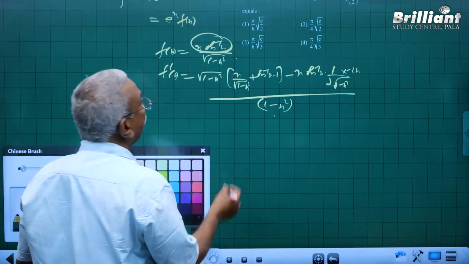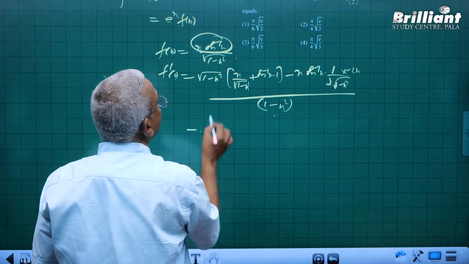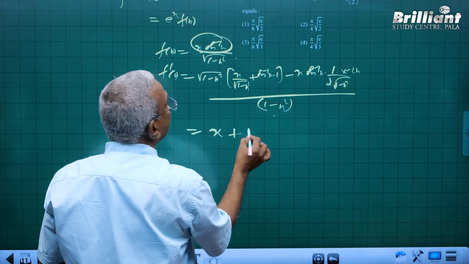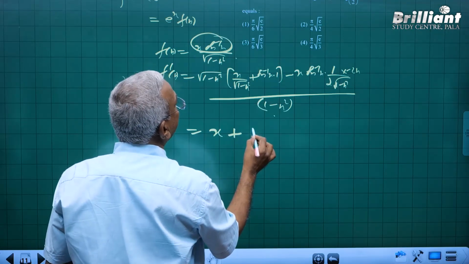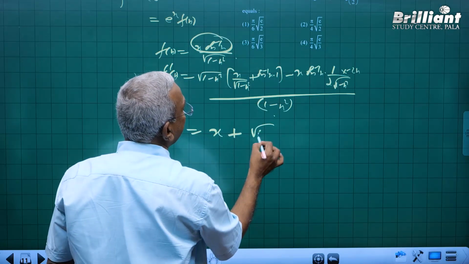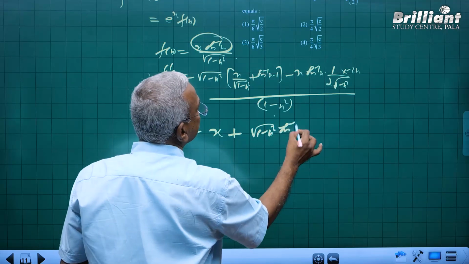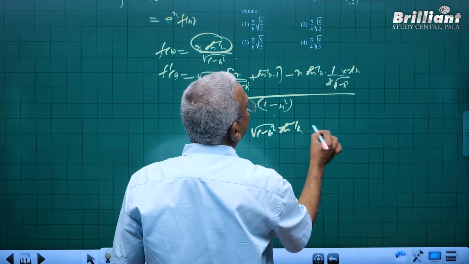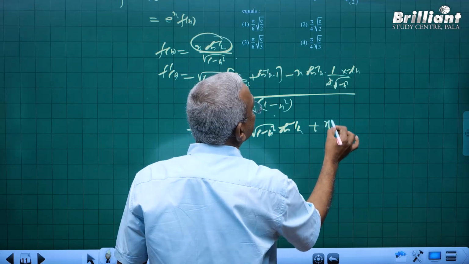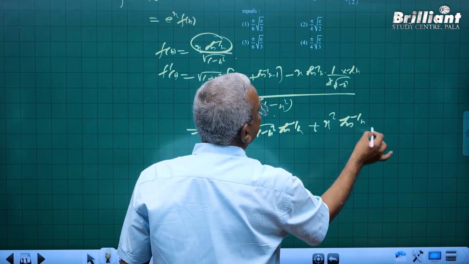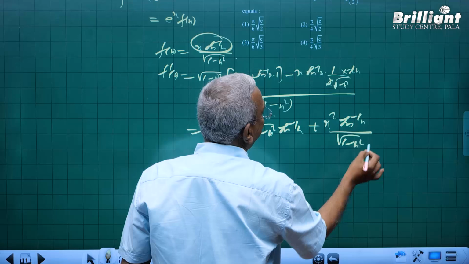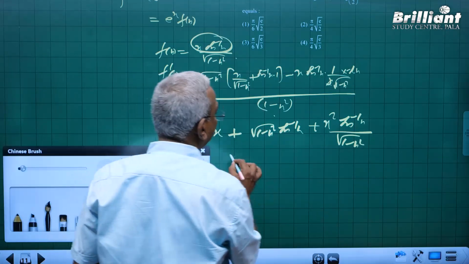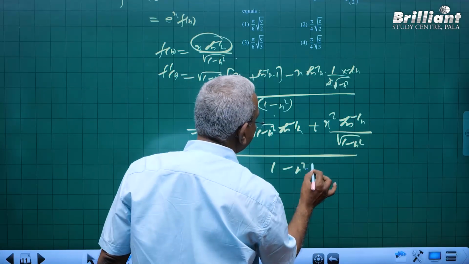How to proceed there? Initially, you can expand along with them. That is actually cancelled here, x plus only root 1 minus x square into sin inverse x. Here we can see 2 get cancelled, plus x square sin inverse x divided by root 1 minus x square, all divided by 1 minus x square.